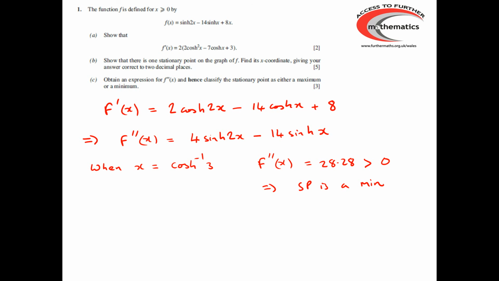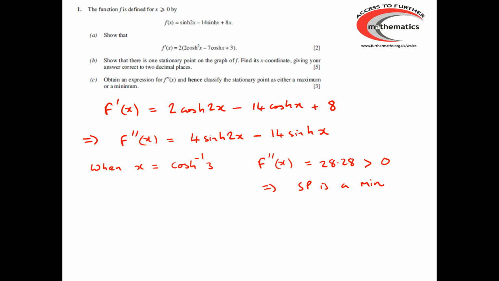Marking for this, well, there was one mark at the beginning for simply differentiating f, and then one mark for carrying through to the required expression for f dash x there. There were then 3 marks for realizing that when we solved f dash x equals 0, we ended up with either cosh x equals a half or cosh x equals 3.